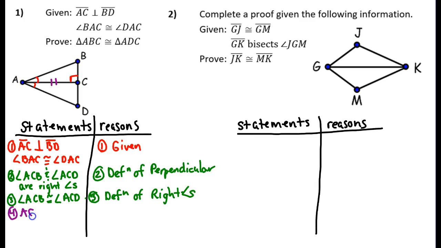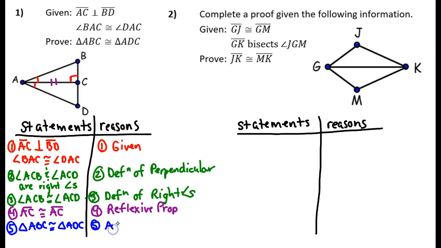So I have AC congruent to AC, and that is an example of the reflexive property. And then finally I can say that the two triangles are congruent because I have an angle, a side, and an angle. So step 5, triangle ABC congruent to triangle ADC, and the reason being here is angle, side, angle.